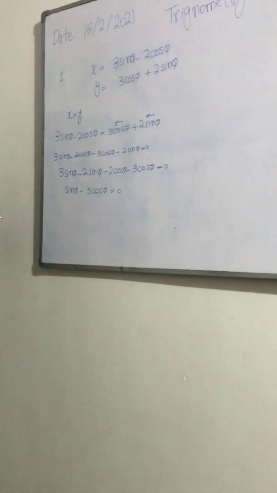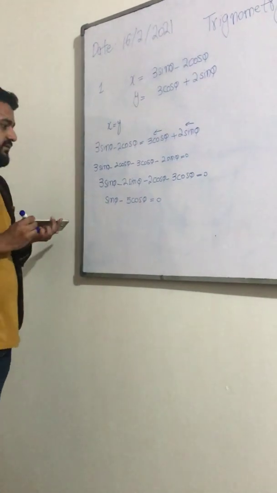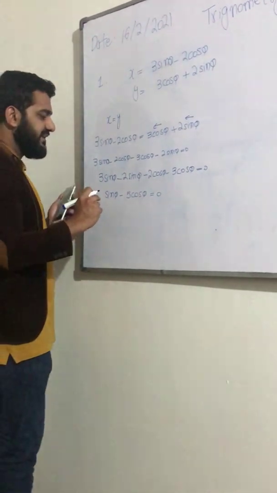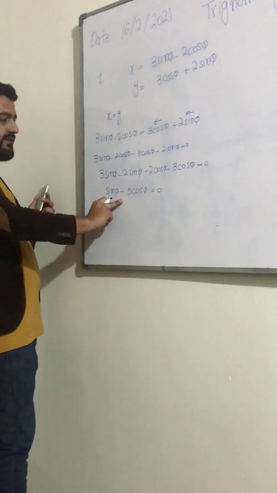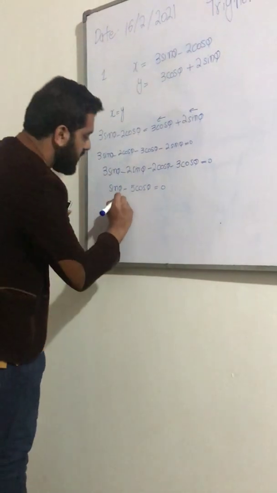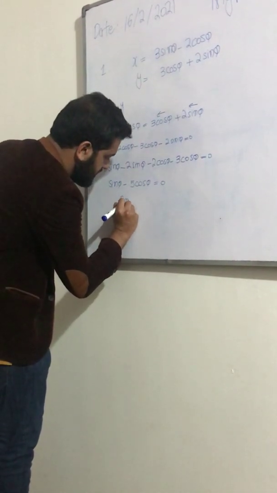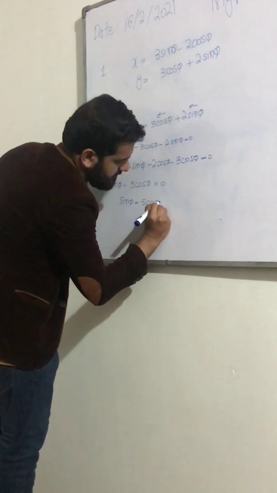Okay, so moving further, beta, as you can see that the minus here is basically a negative sign, so after going to the other side of the equation its sign will become positive, so we can write sin theta equal to 5 cos theta.